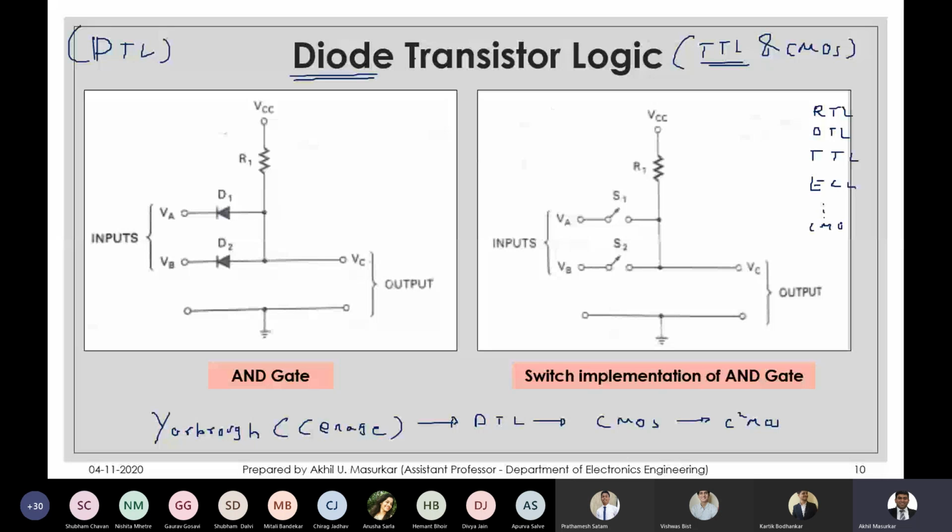We had CMOS, then MOS, then many others also: C square MOS, pseudo NMOS, then transmission gates, and pass transistor logics. There are many such logic families.